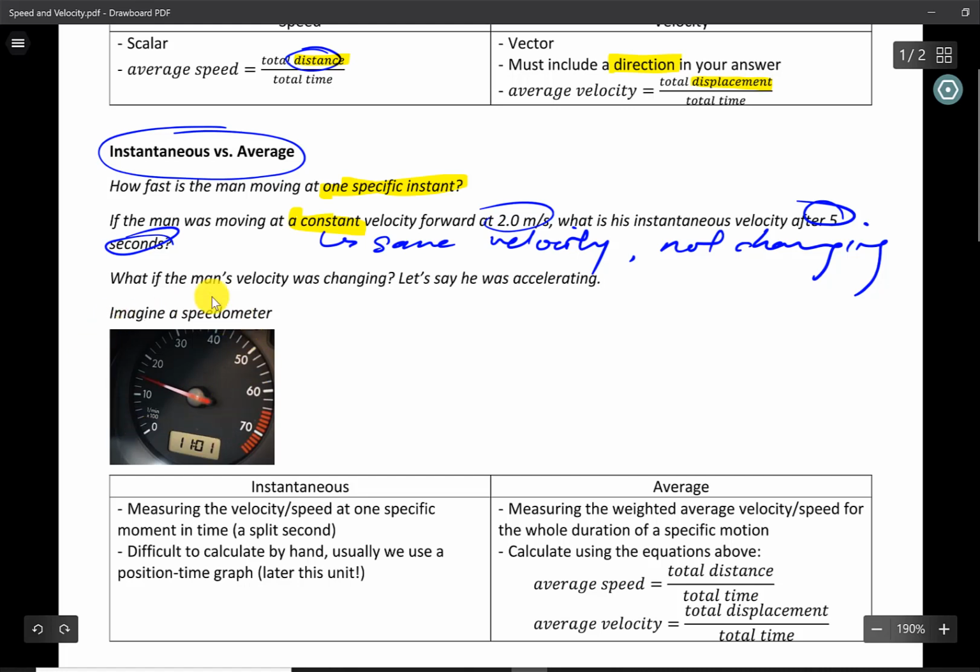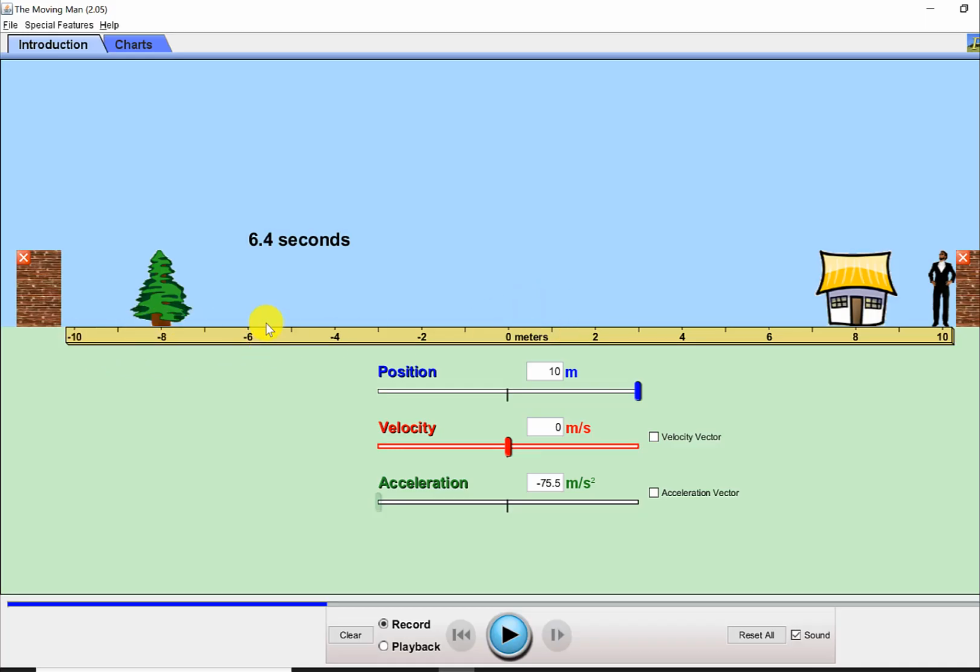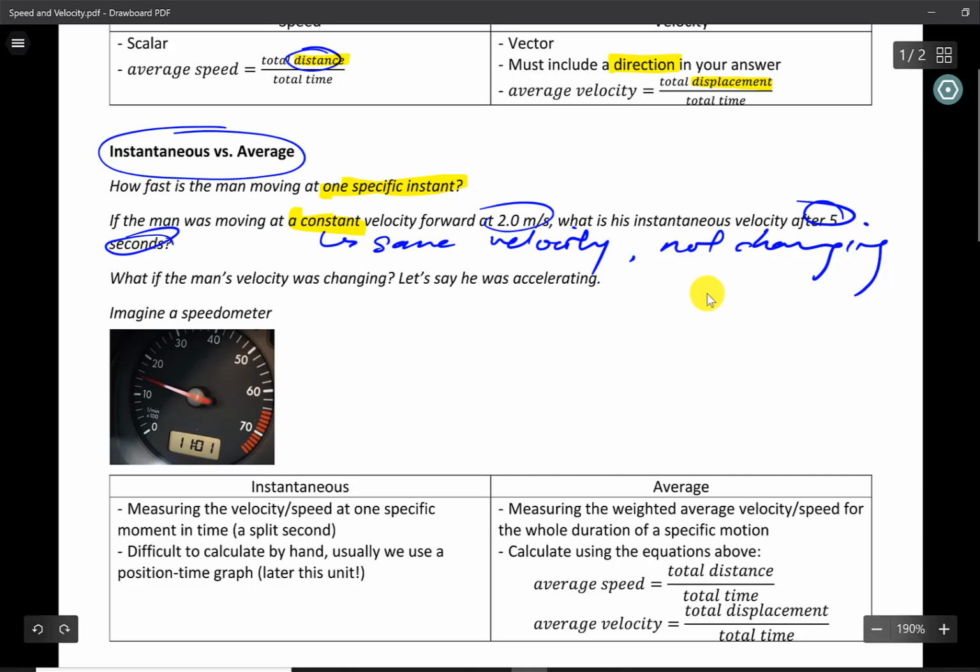That's just the same thing as when you're driving and you're looking at your speedometer and the needle is moving up and around, showing you that your speed is increasing. So notice the difference here. His instantaneous velocity was changing the whole time he went across the map. So that's an example of his instantaneous velocity changing.